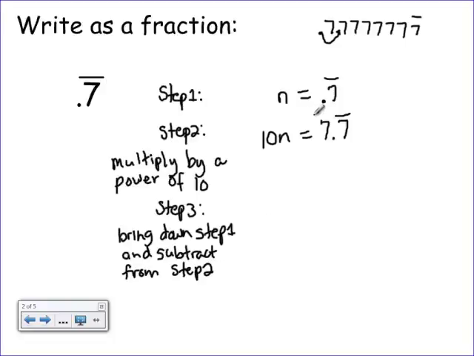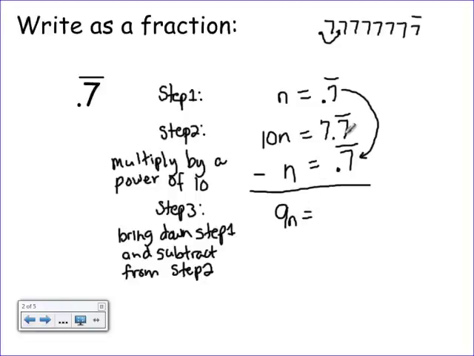All right, so I'm going to bring this step down. I'm going to write it underneath. And if you remember, you have to line up your decimals. So when I subtract now, 10 n's take away 1 n is 9 n's.